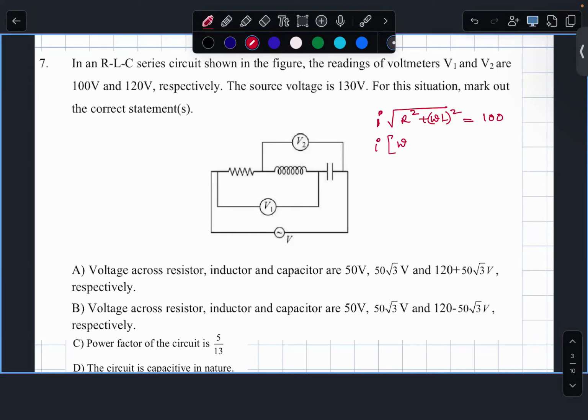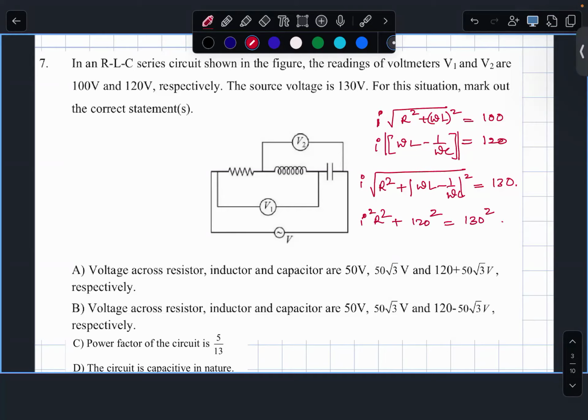Squaring on both the sides gives, now you got IR.